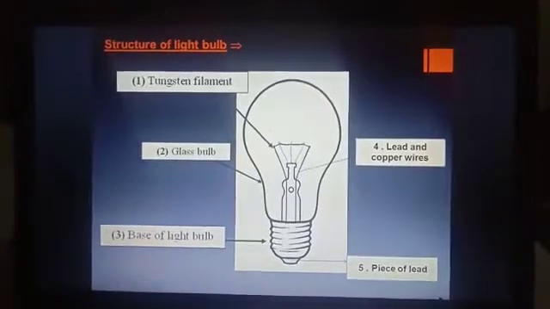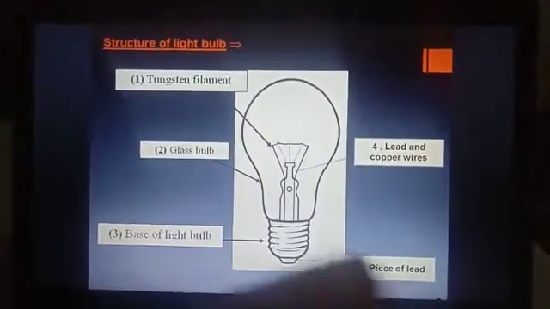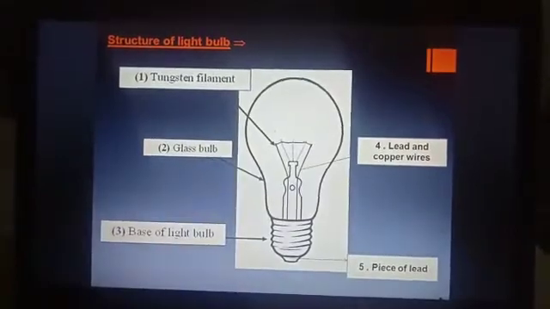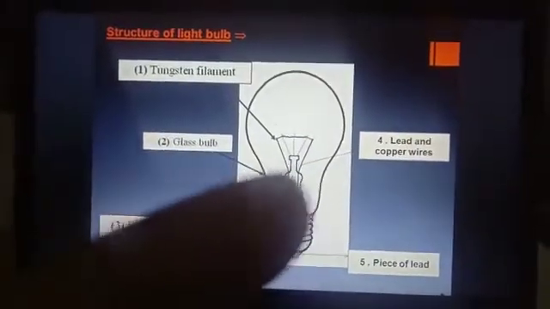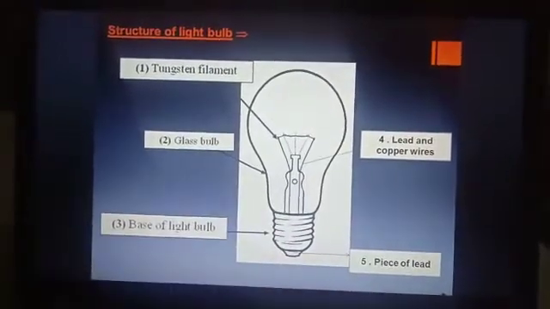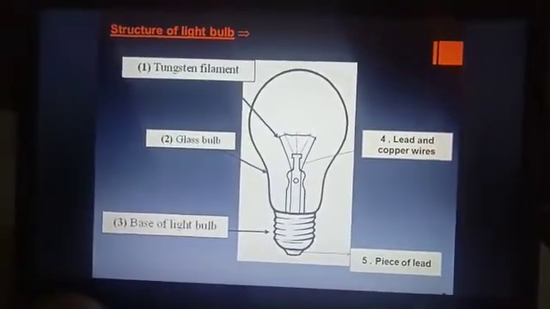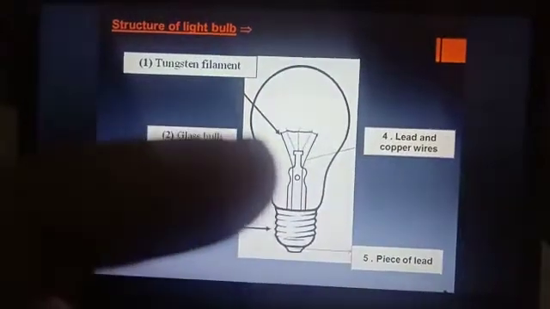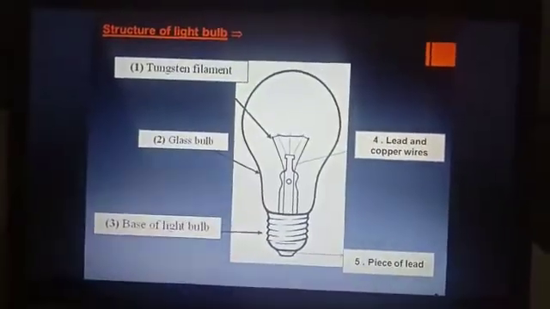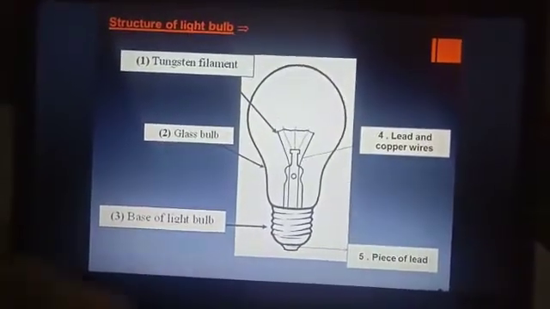So if we don't have this base, the electric current will not pass to the lead and copper wires. Number 4, the lead and copper wires. These wires let the electric current pass to the tungsten filament. And when it passes to the tungsten filament, what happens? It heats up and lights.